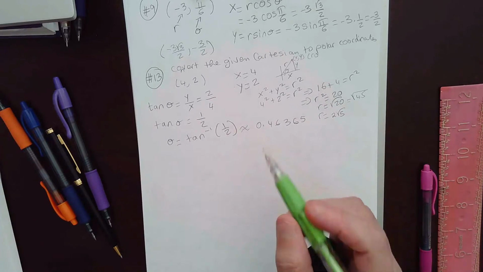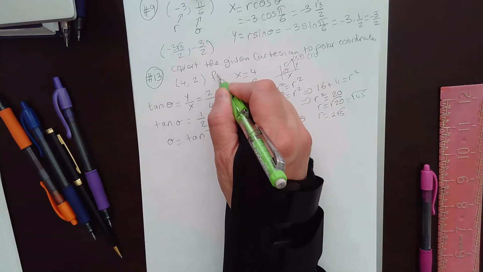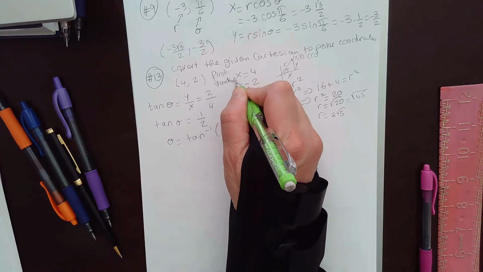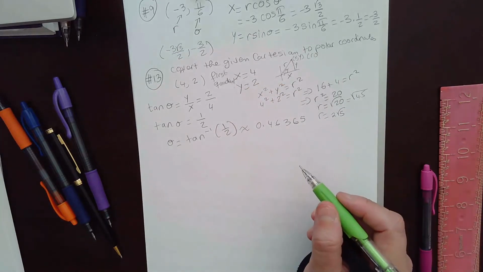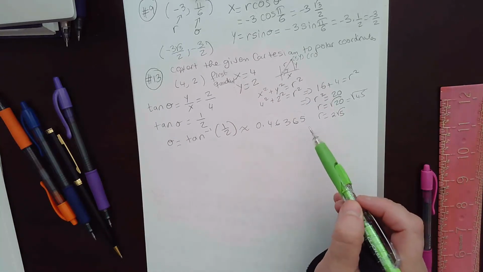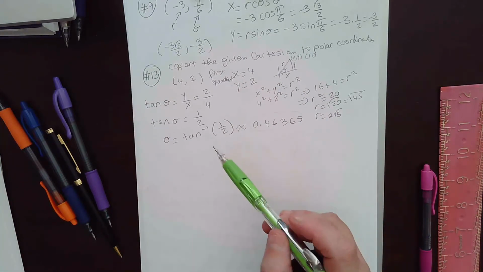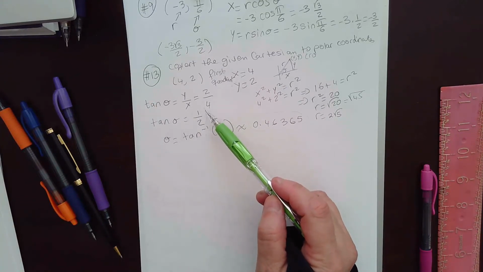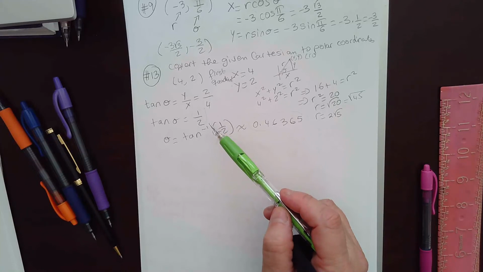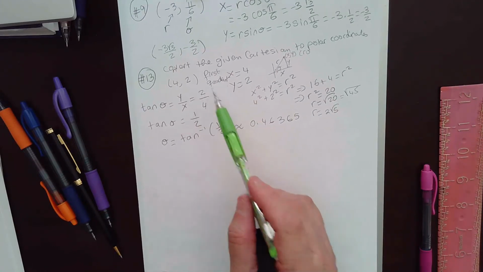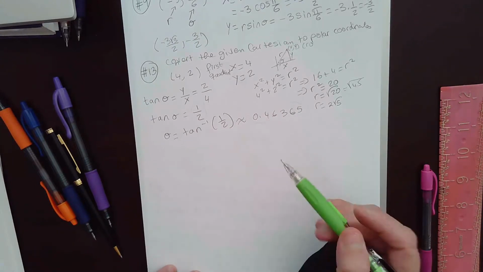That point here is in the first quadrant. Since this is in the first quadrant, the answer that we get is in the first quadrant. Remember, to find the angle that's equal to a number, it's usually in 2 quadrants. In this case, we don't have to look for the second one because the point itself is in the first quadrant. So this would be our theta.